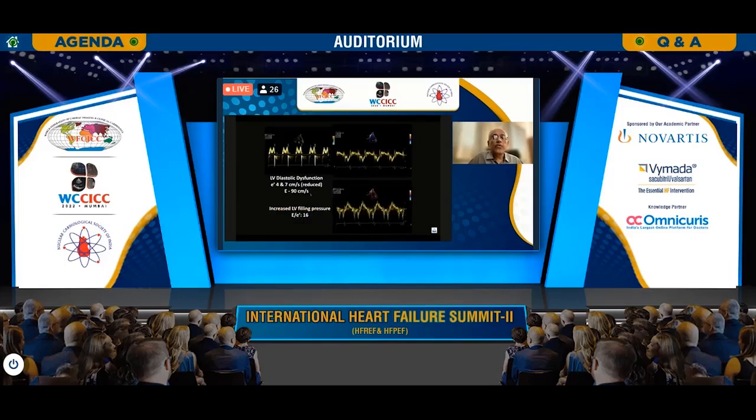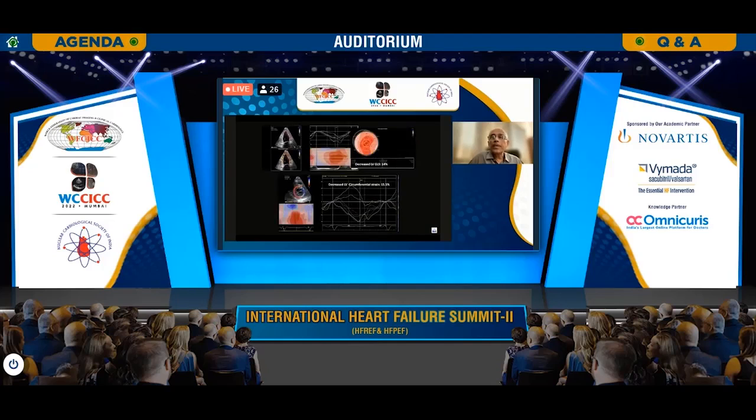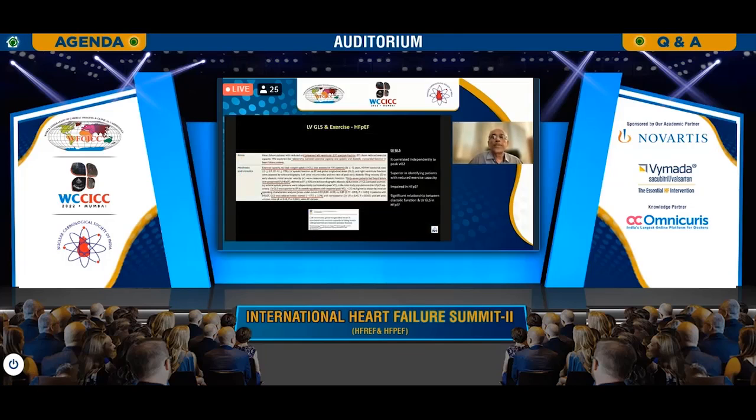And the LV diastolic dysfunction, the E by E prime shows increased LV filling pressure here. And the GLS is where it tells you that this patient is on a rapid decline here. So there's already a decline in the LV GLS, and then the circumferential strain has also come down here. So we know that this patient is not going to do well. So this is how it can be utilized.